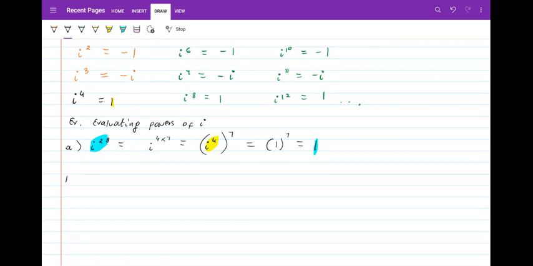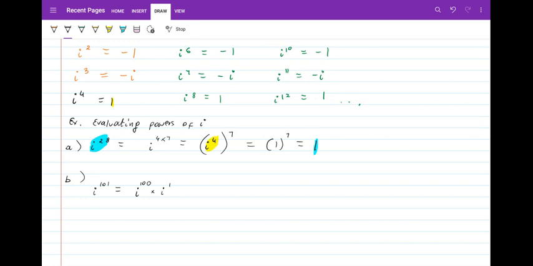B, we have to find i to the power of 101. Here I'm also going to use rules of exponents. I'm going to do power of power again, so let's do it this way: i to the power of 100 times i to the power of 1.